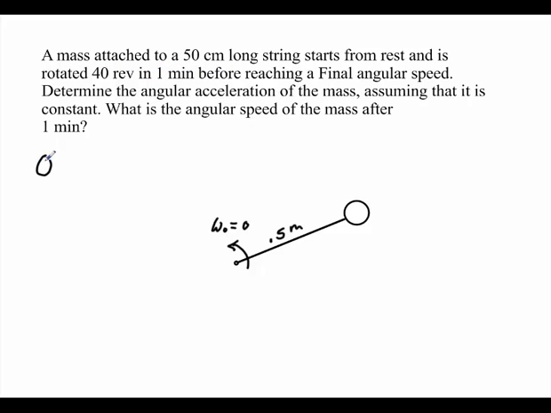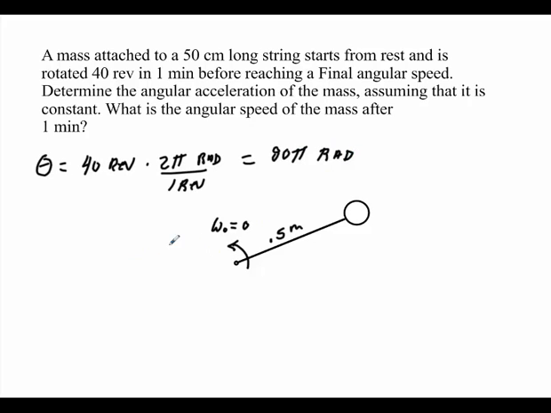So we know our final position is going to equal 40 revolutions. We will multiply that times 2 pi radians per 1 revolution. When we do that, that'll give us 80 pi radians.